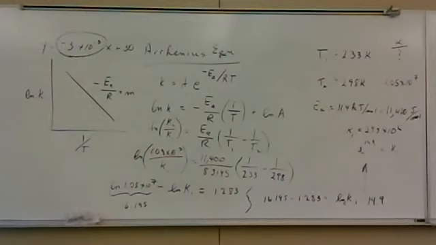Let's see, 14.9, and then I'm going to do that. I got 2.96, yeah, 2.96 if you round up. So this is wrong. It should be 2.96 times 10 to the 6. Make that correction for the next class. Oh my goodness.